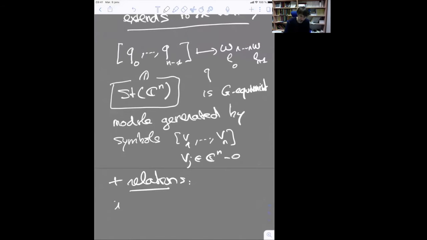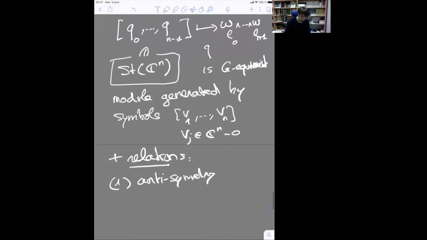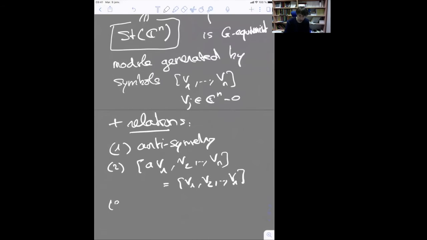The first relation is anti-symmetry. The second relation is homogeneity. The third relation is that it is zero if the vectors are linearly dependent.